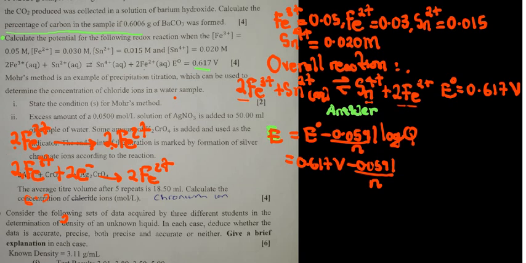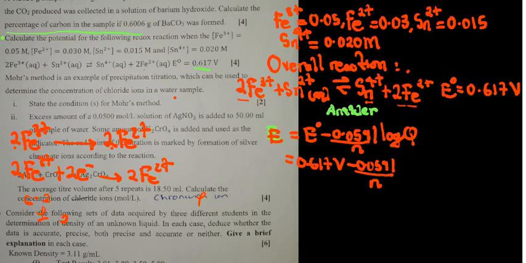A 6 minus the 2 electrons that are here is going to get a 4. 6 minus 2 is a 4. And on the side of the product, that is a 2 times 2, we're going to get a 4. So you know that on this first half reaction, the number of electrons on the side of the reactants are balanced on the side of the products. And the atoms of iron are balanced on the side of the reactants and on the side of the products.